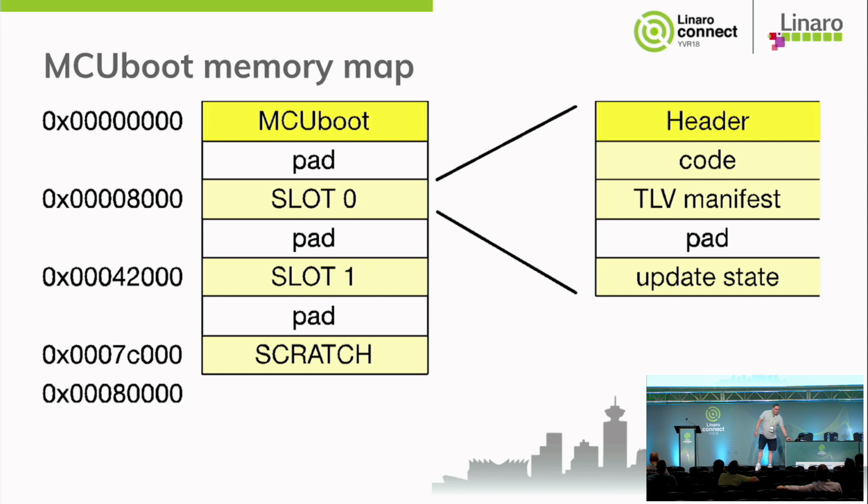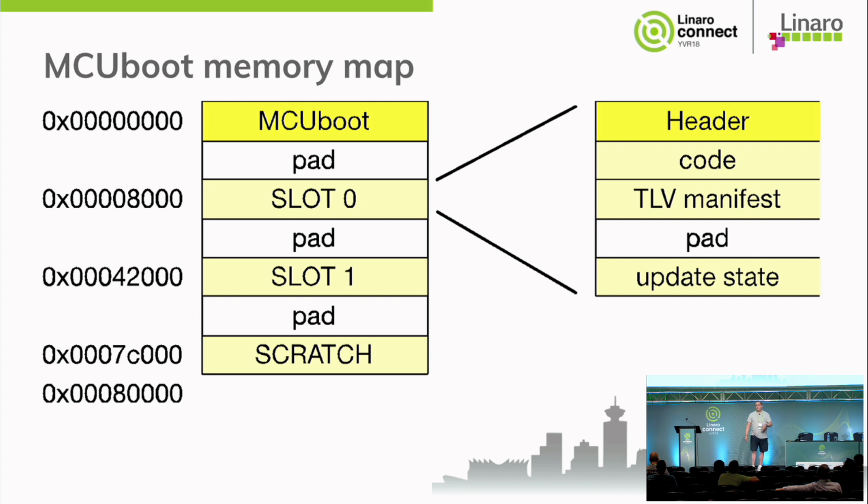We have memory, flash, on our chip. And these devices, we'll get to in a minute, are typically execute in place. And it's sliced up into pieces. These are like partitions, maybe on a hard drive, you might think of them. The bootloader sits at the beginning. There's this thing called slot 0, which is the application.